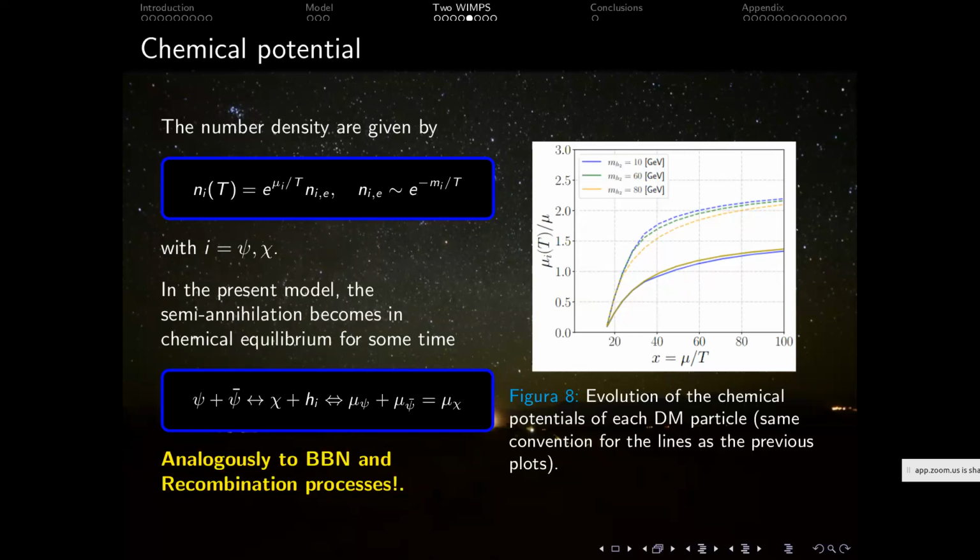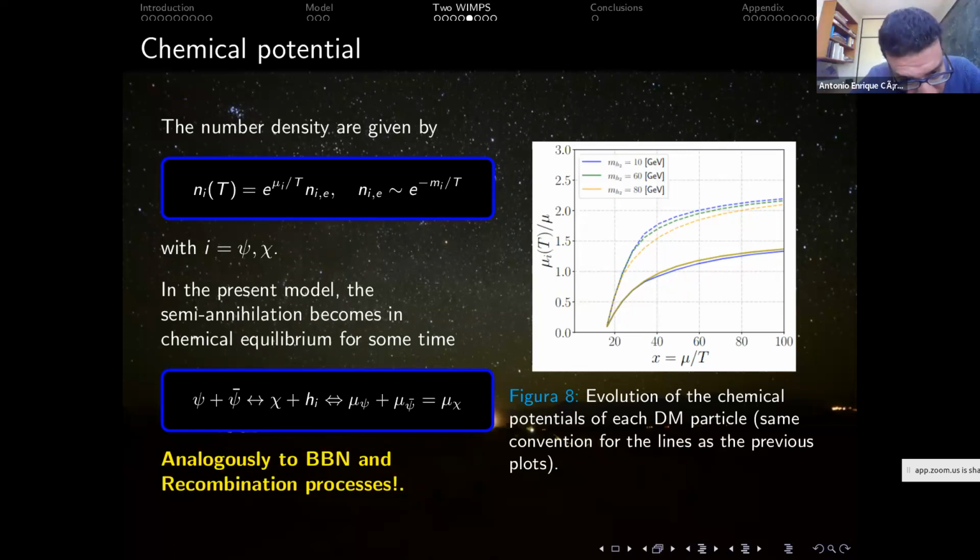All right. Bastián, what is the reason why the chemical potential for the Higgs is neglected in this equation? Because the Higgs remains in thermal equilibrium all the time, at least at this level, at the epoch in which the dark matter particles start to decouple from the thermal plasma.